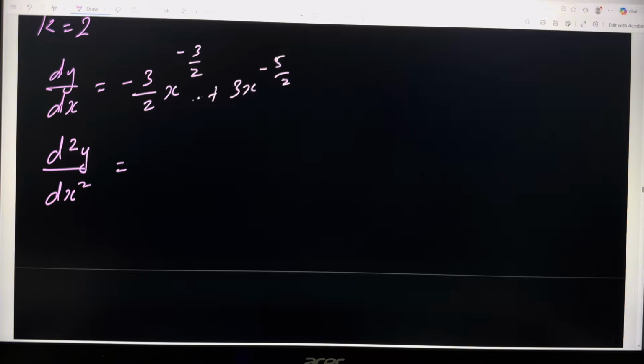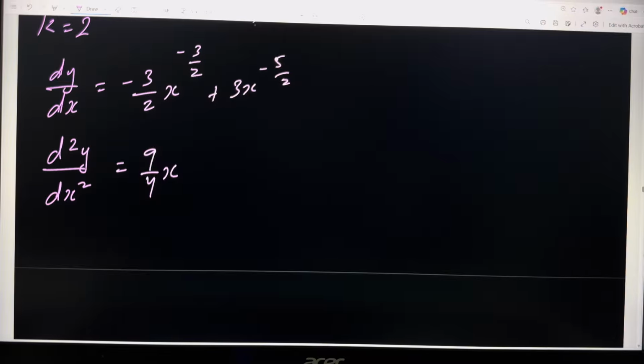This becomes, again the power drops and is multiplied by this, so the negative signs cancel. So 3 upon 2 times 3 upon 2 will be 9 upon 4, so 9 upon 4 x^(-5/2).